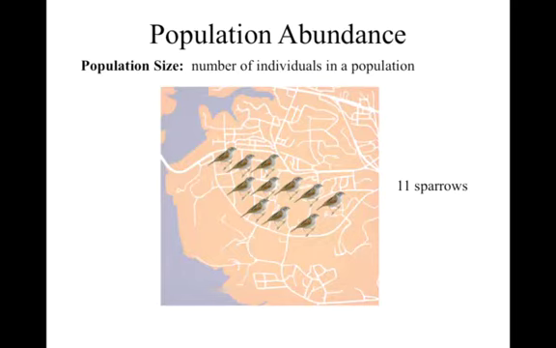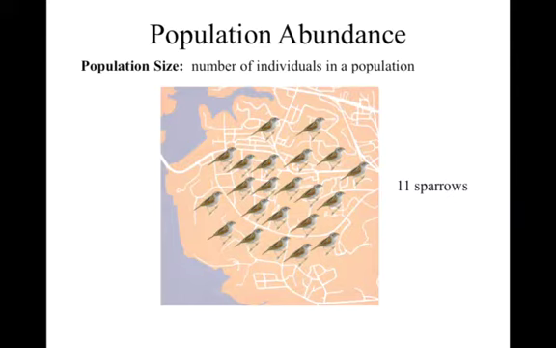But then you might think, why did we draw our boundary at Clemson? That's kind of weird. What's so special about Perimeter Road that we stopped counting sparrows when we hit Perimeter Road? And in fact, if we looked at a larger area, the outskirts of Clemson, what we see is that there's actually more than 11 sparrows.